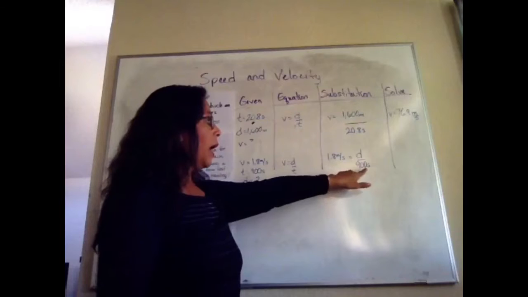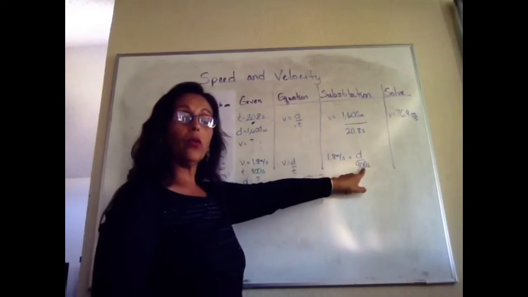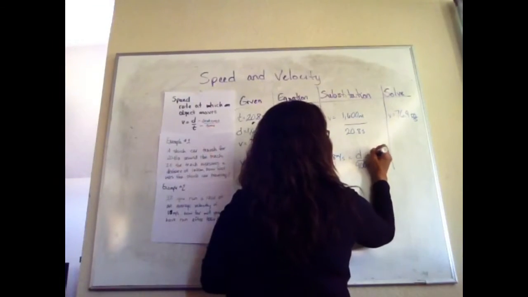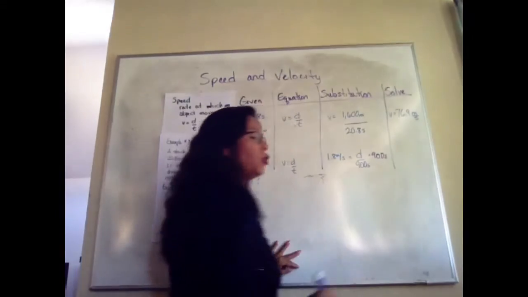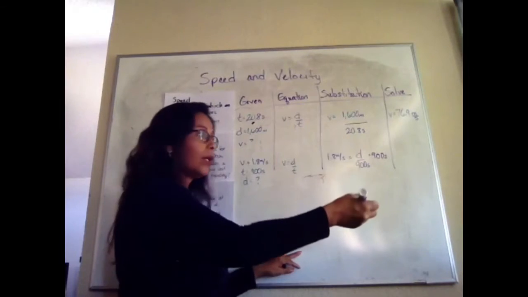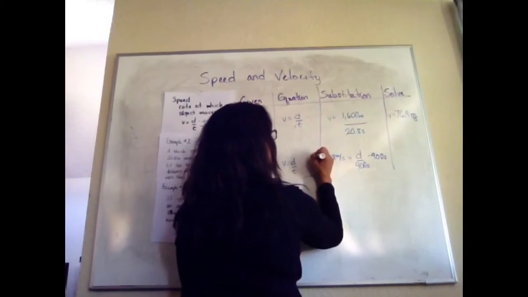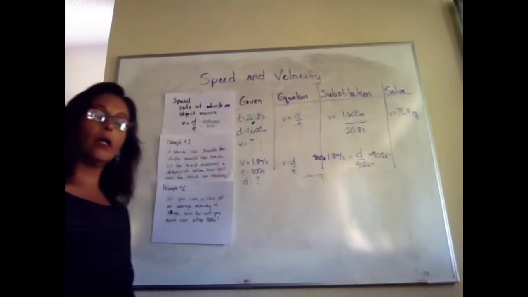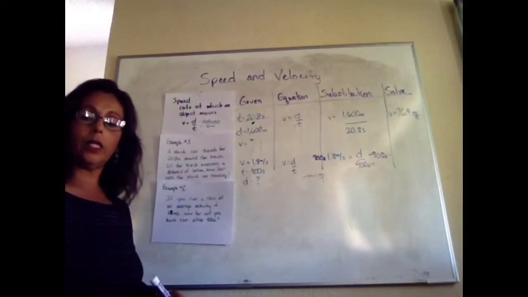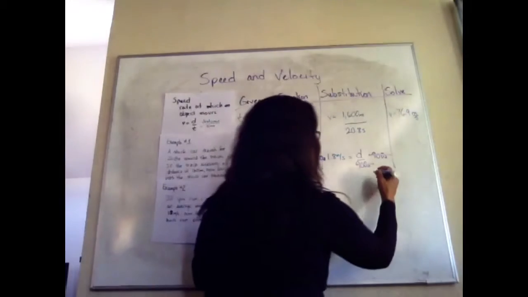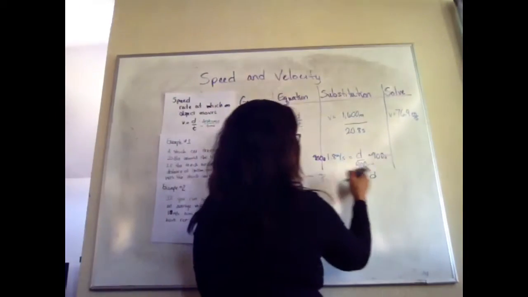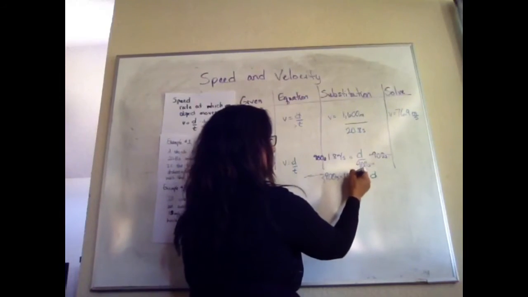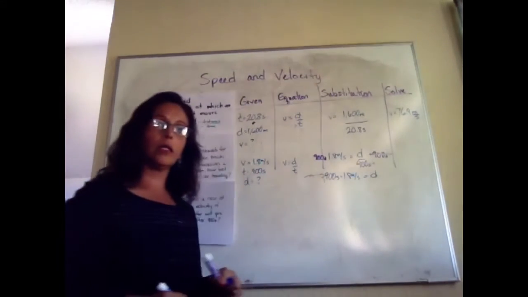So here, in order for me to get d alone, I need to get rid of the 900. The easiest way to do that is to multiply both sides by 900, because if I do it to one side of the equal sign, I must do it to the other. So I'm going to multiply both sides, and that cancels out the 900 that was on the d side. So I can rewrite my equation, d is equal to 900 seconds times 1.8 meters per second, which is my velocity.